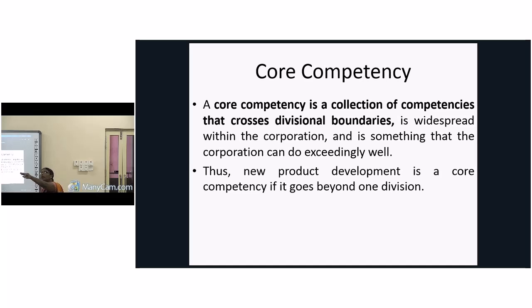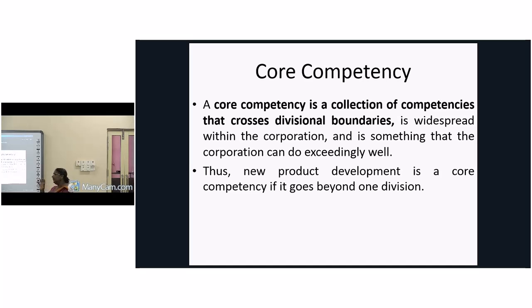The whole together is called core competency. If you get the support of every department in the organization, in the firm or the corporation, the whole works together.